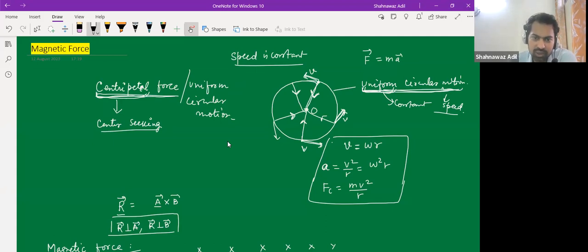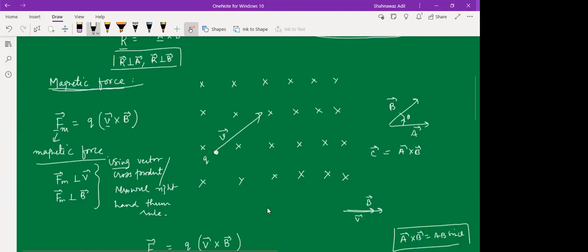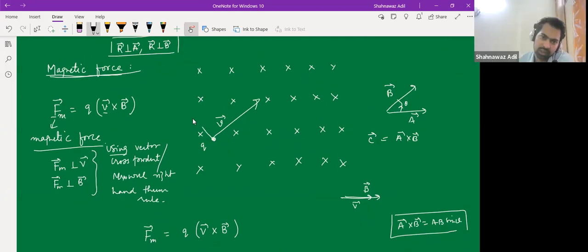Should I scroll down, guys? Okay, so in here, the magnetic field is going in.